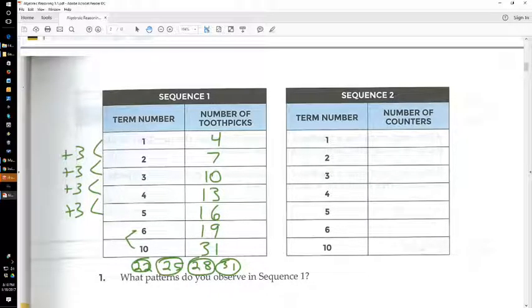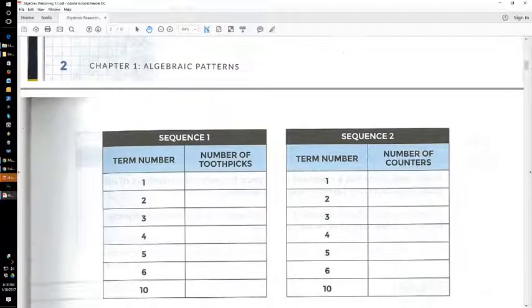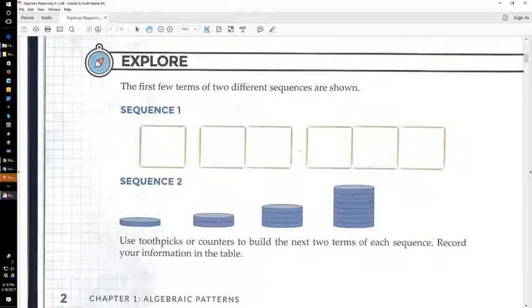For sequence number 2, if I scroll back up, for the first item, we have 1 little disc. For the second item, we have 2 discs. For the third item, we have 4 discs.